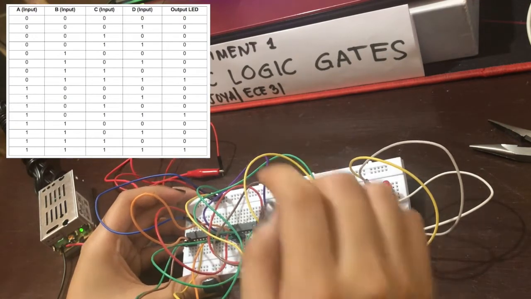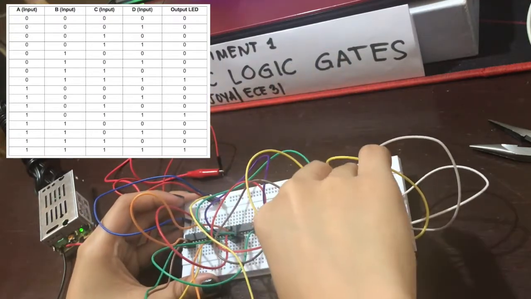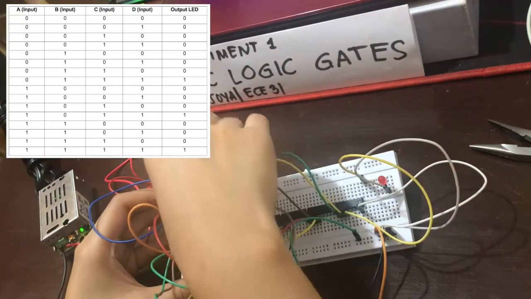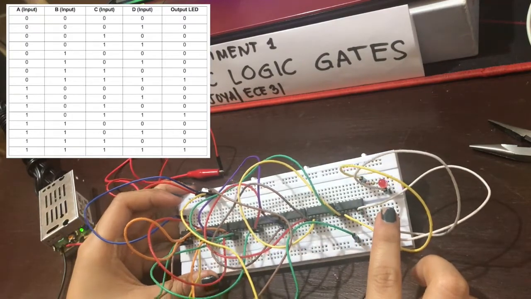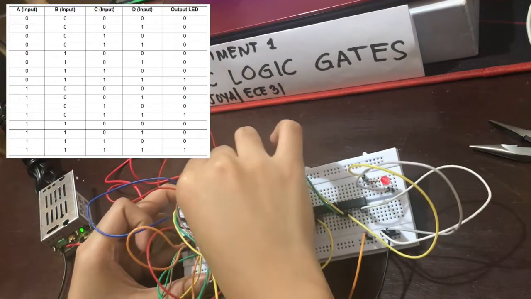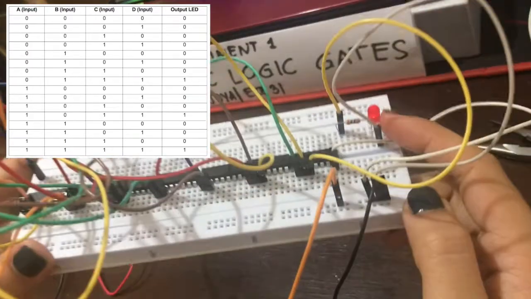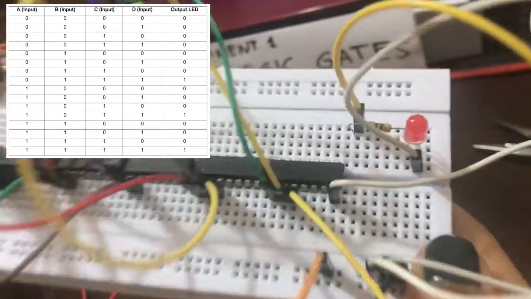When B and C are logic 1, output is still 0. When B, C, and D are logic 1, output is 1. As you can see.